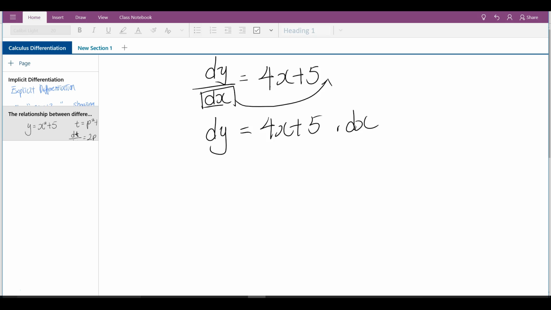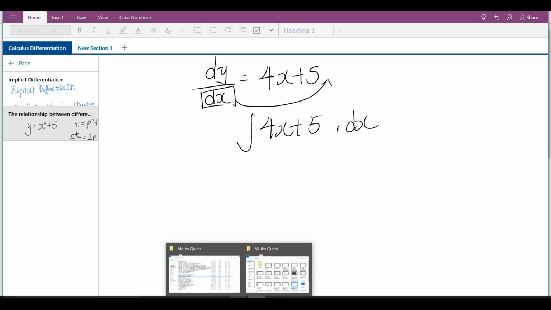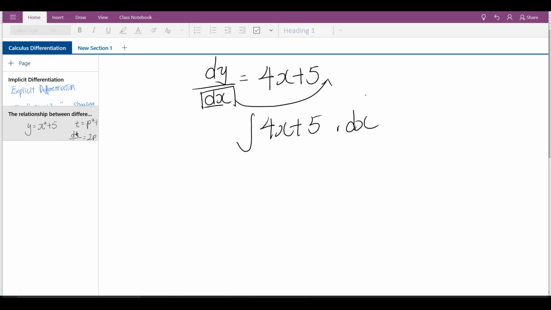This might look strange to you, but what happens if I cover this up and put an integral sign here? Isn't this the thing that you've been doing? Integrating 4x plus 5.